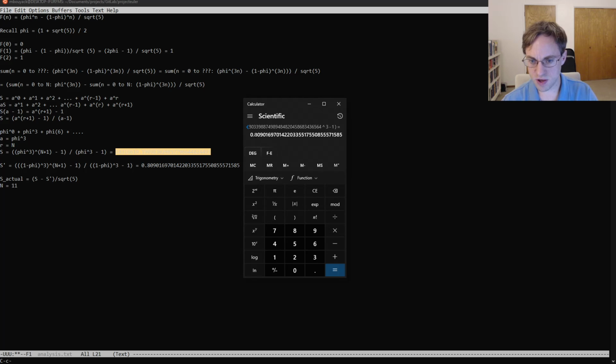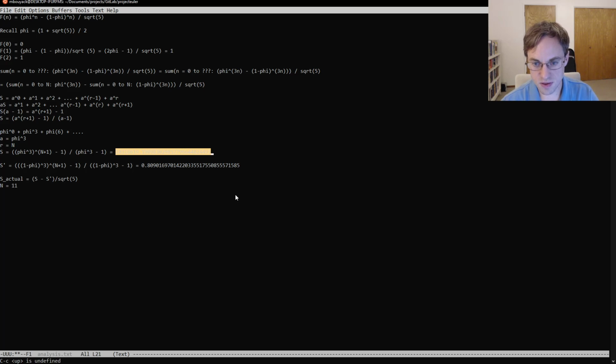So we're going to take this s prime here and negate that and add. It seems to be refusing to paste. We're going to do this the long, difficult way. Well, let's try this one more time.